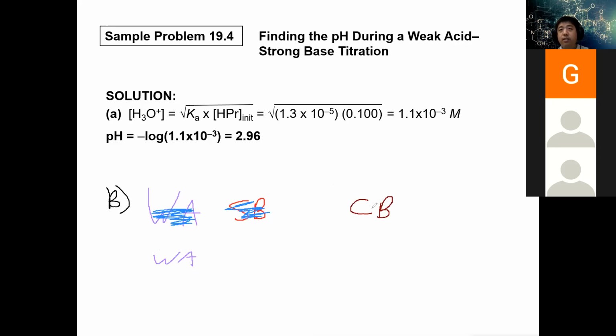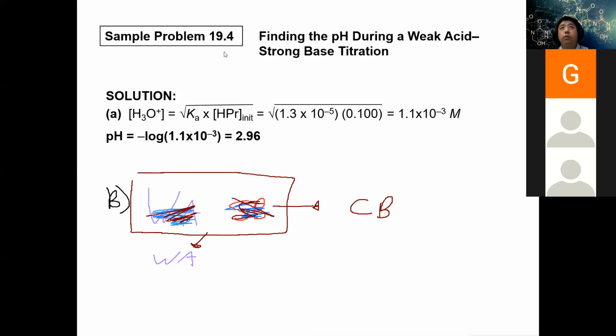This conjugate base is stronger than water, so it will have an effect. So we need to account for this in my equation. Now, once I'm done doing this, this is my initial, I end up with some of my weak acid, some of my conjugate base. My strong base is all gone. Some of my weak acid is gone. What do you notice about this? What is this and this?